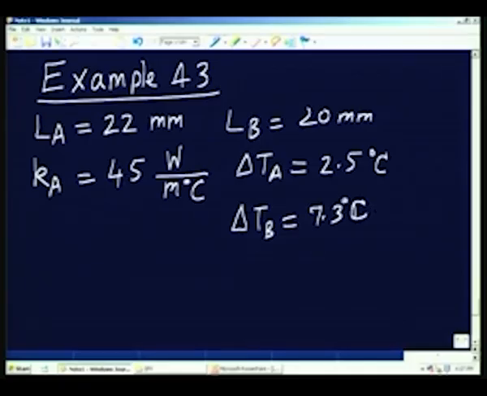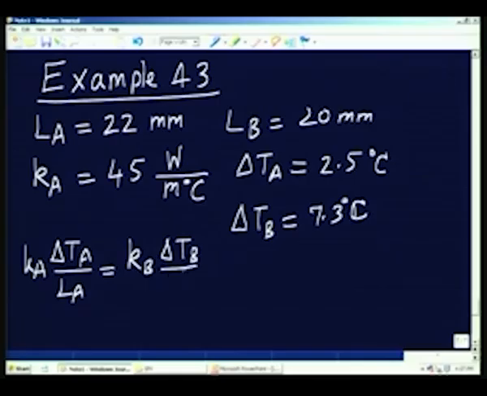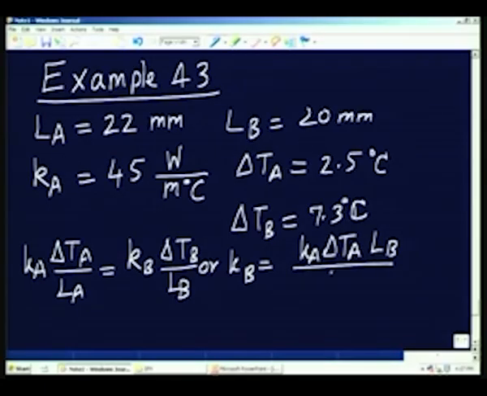So all I have to do is to use the simple rule Ka delta Ta by La is equal to Kb delta Tb by Lb, or Kb is equal to Ka delta Ta Lb by delta Tb La.